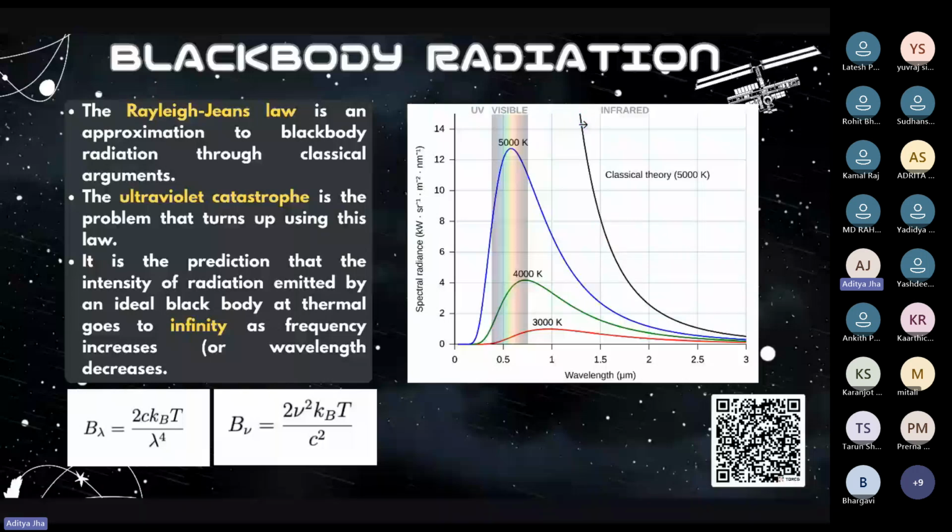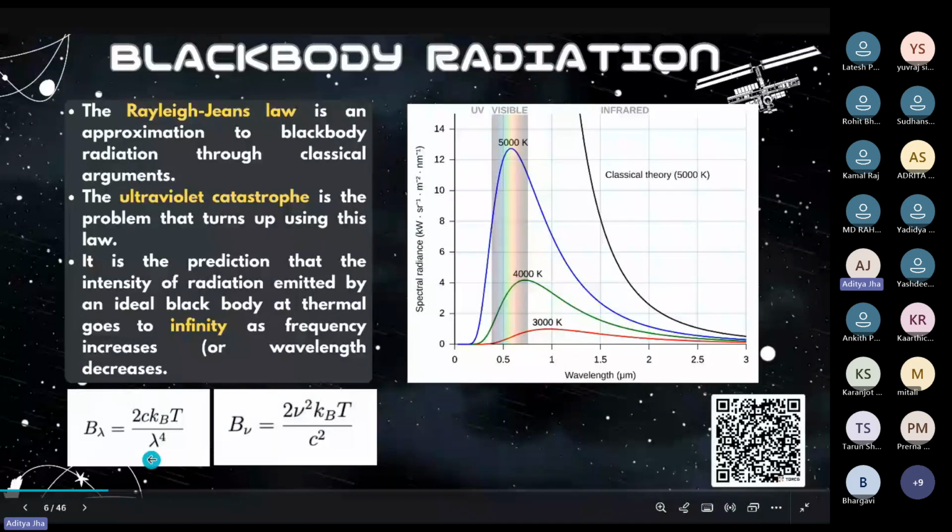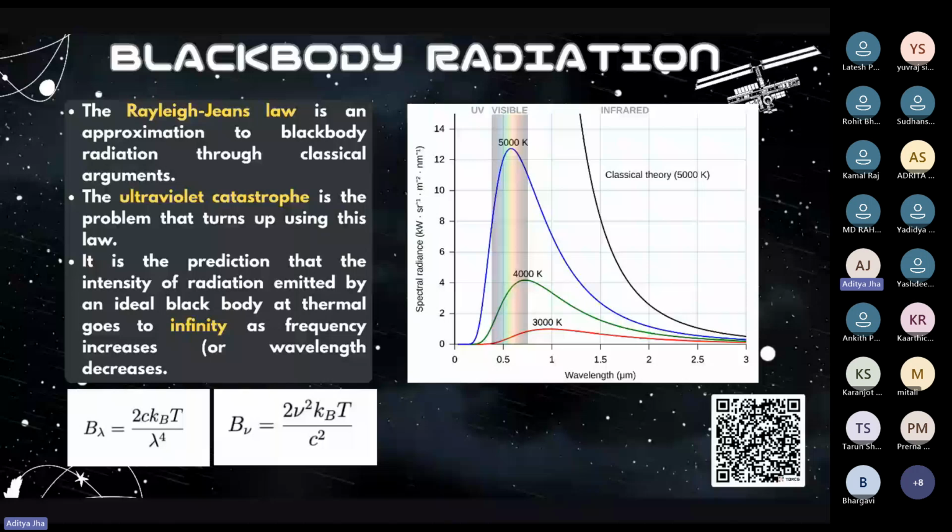You can't have infinite flux or infinite intensity. So that turns out to be a problem, because this formula is predicting something that's not possible. That was called the ultraviolet catastrophe, and the reason it was called ultraviolet is because for lower lambdas, you're going towards ultraviolet rays. So yeah, you got it.